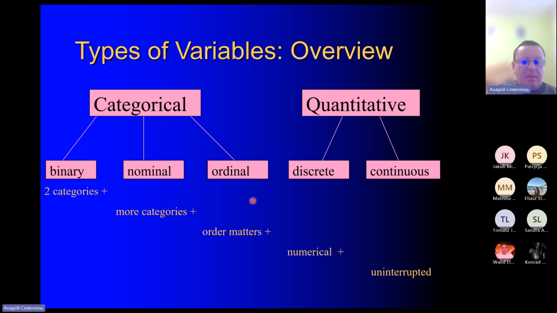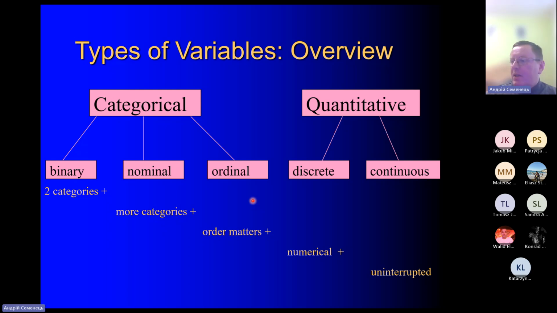Let's say binary means we have only two values, like 0, 1, true, false, or something like this. With nominal, we have more categories to classify our data. And with ordinal, we have categories organized by value.